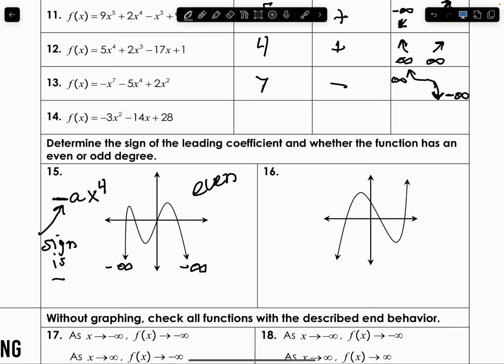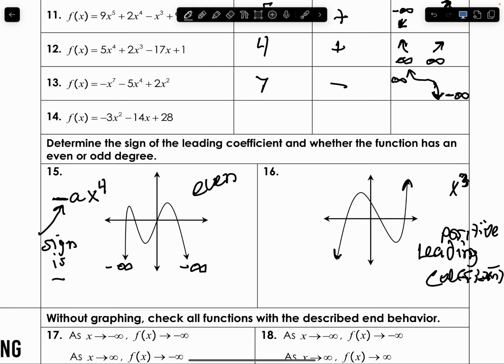This looks like a cubic. It looks like something x cubed. Okay. So it's got the sign of the leading coefficient because it starts down low and goes up high. So this is the regular positive leading coefficient.